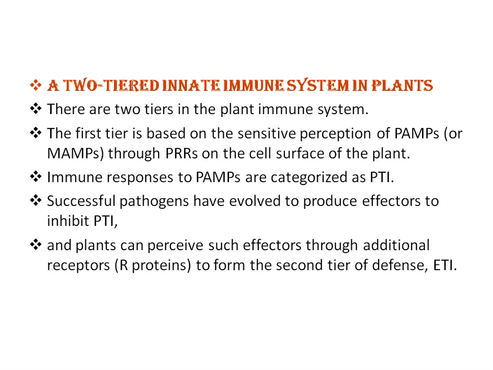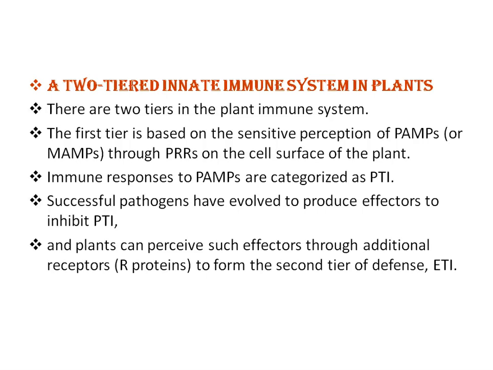The first tier is based on the sensitive perception of PAMPs, pathogen associated molecular patterns, through PRRs, pattern recognition receptors on the cell surface of the plant. So immune responses to PAMPs are categorized as the first tier of defense.